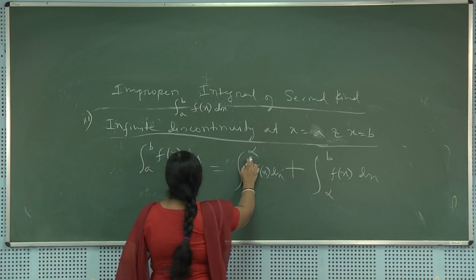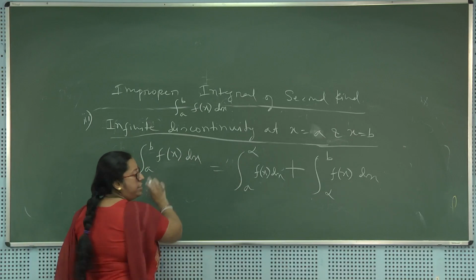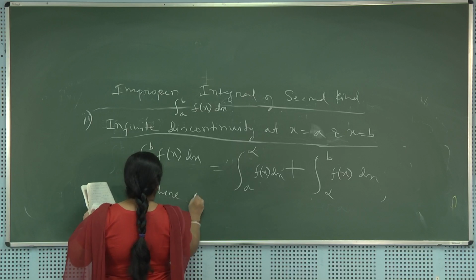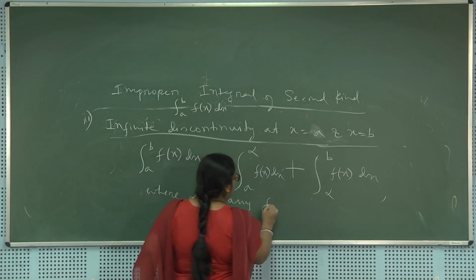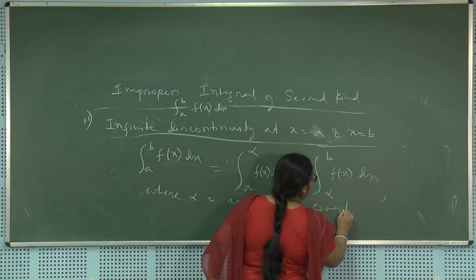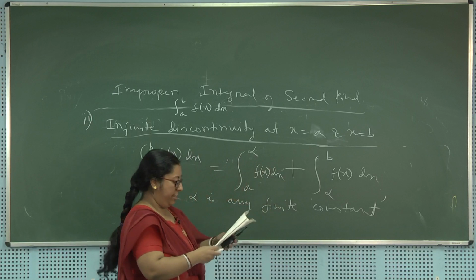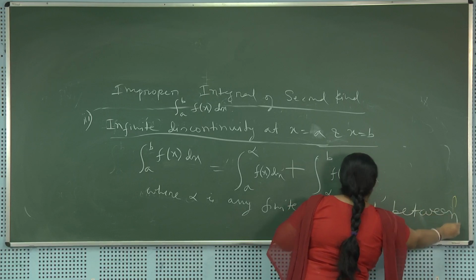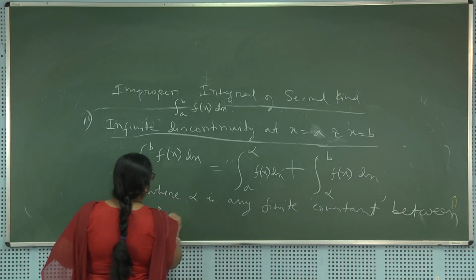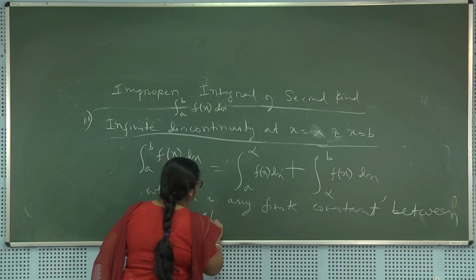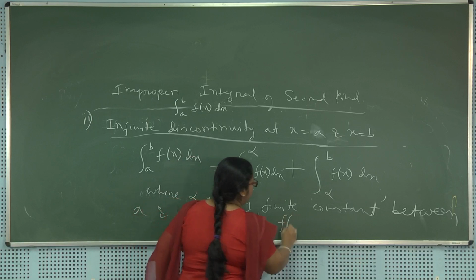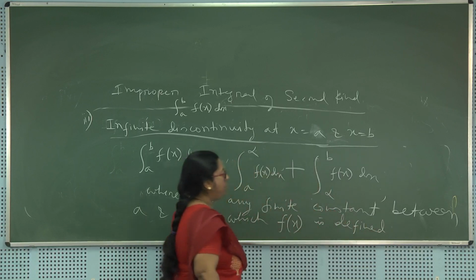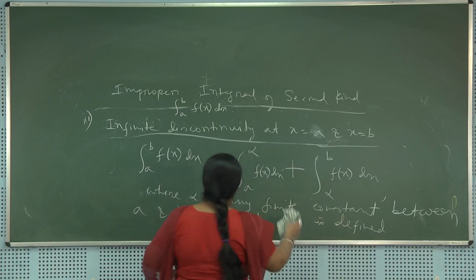Where alpha is any finite number lying between a and b, but at that point function is bounded, where alpha is any finite constant between a and b, at which a function f x or integrand f x is defined. Now, we will evaluate these two improper integrals.